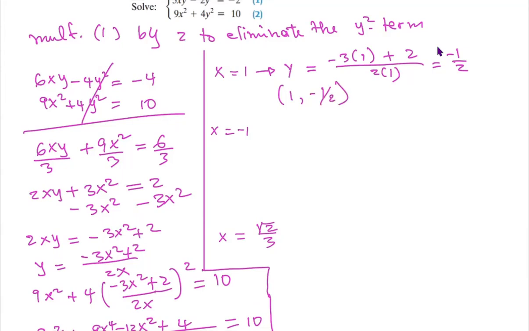Right? And then let's say here, that's negative 1. So y equals negative 3 times negative 1 plus 2 over 2 times negative 1. That equals 5 over negative 2, so negative 5 over 2.